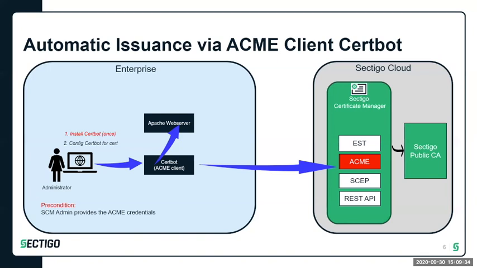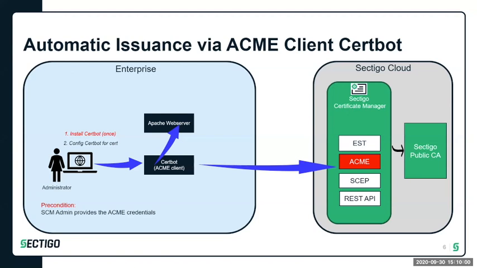We have instructions in our admin guide on how to set those configurations. In those configurations, you need a credential set that will be provided to you by your SCM admin. So you just plug it into that config file. Once you do steps 1 and 2, things are already good to go.